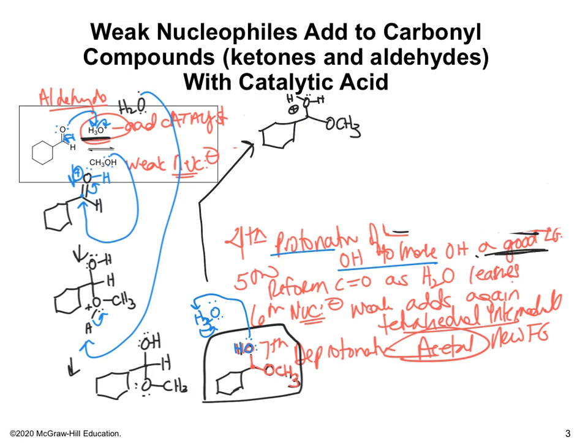Now that's a good leaving group. And we're going to reform the carbonyl as water leaves. So here's the fifth step. These electrons will go here to form a carbonyl and push the water out.